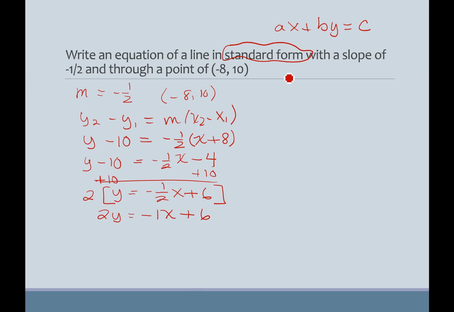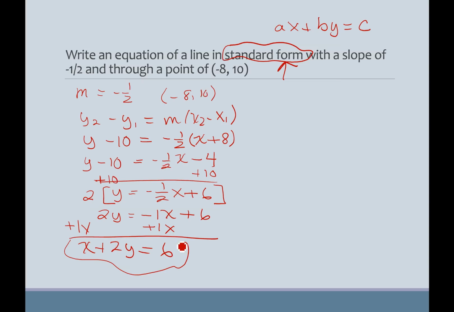Again, I want it in standard form, so both my variables have to come over to the left side. So I'm going to add 1x to both sides. And I'm going to get x plus 2y equals 6. And that's definitely the most lengthy of the processes. Again, I told you I don't like going that way, but state says we have to.